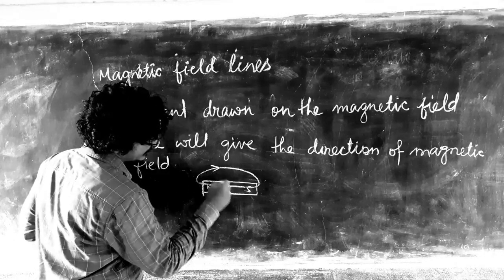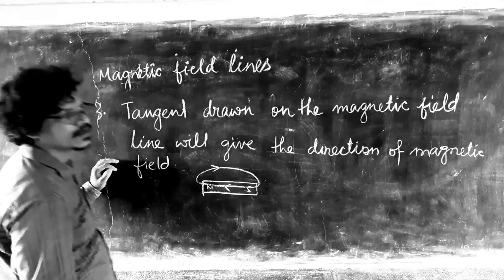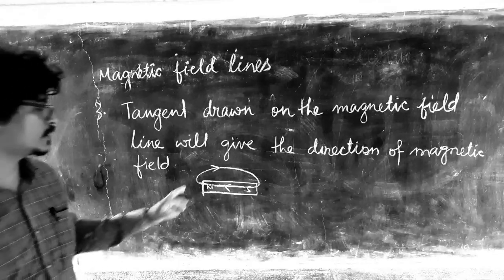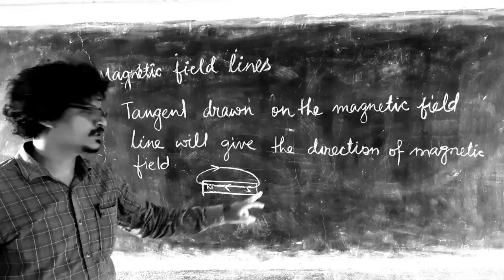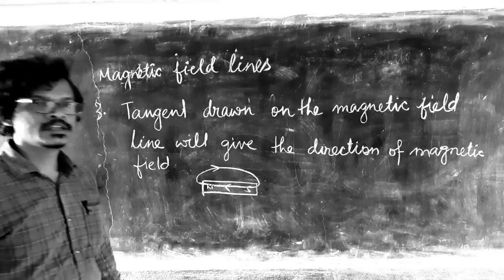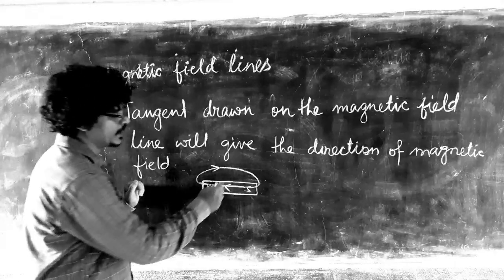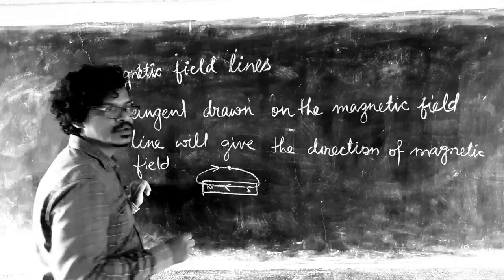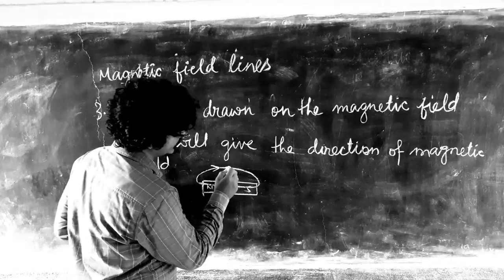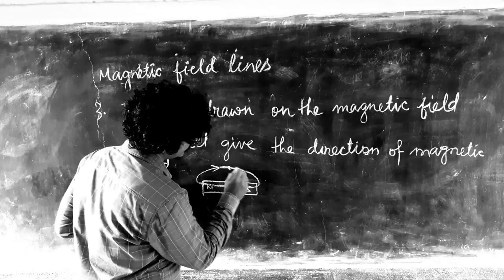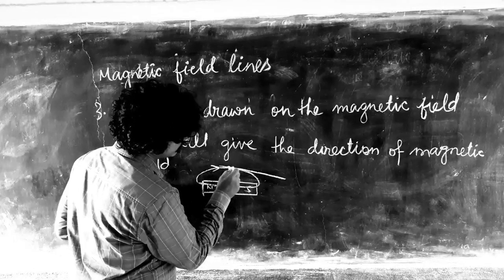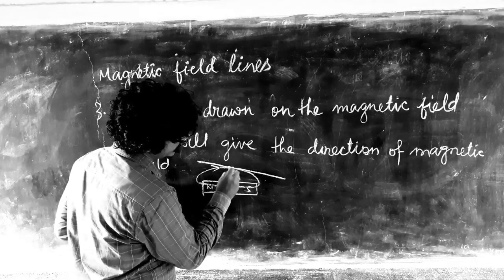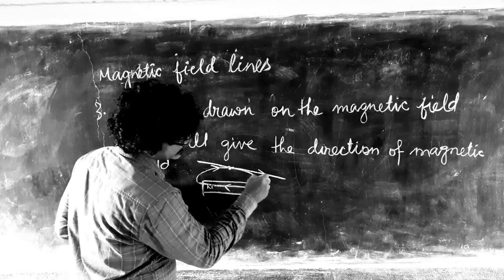We already know the direction of magnetic field line: it goes from north to south outside and south to north inside. So we will draw a tangent at this point. The tangent will be something like this.